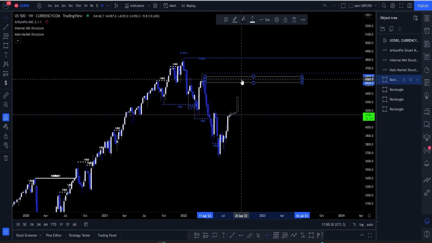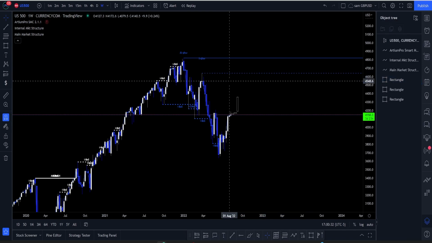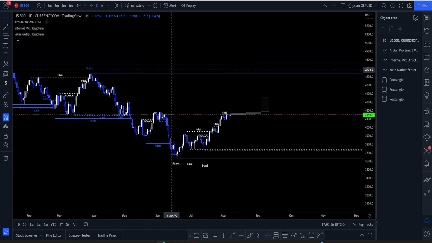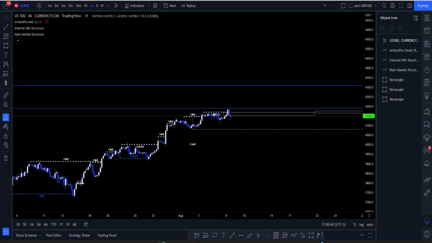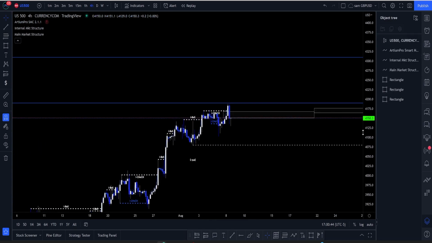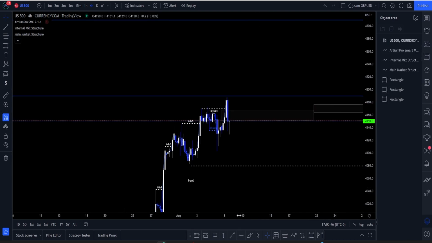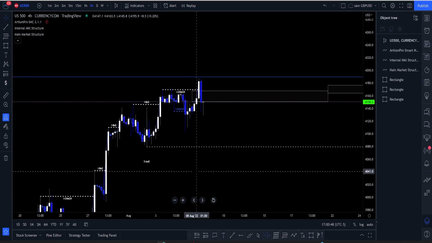So let's go ahead and dive deeper, to a lower time frame. So that's what you do on your overall bias. And then you look at your daily, you look at your 4-hour bias. And then you start zooming in to see where prices could go.